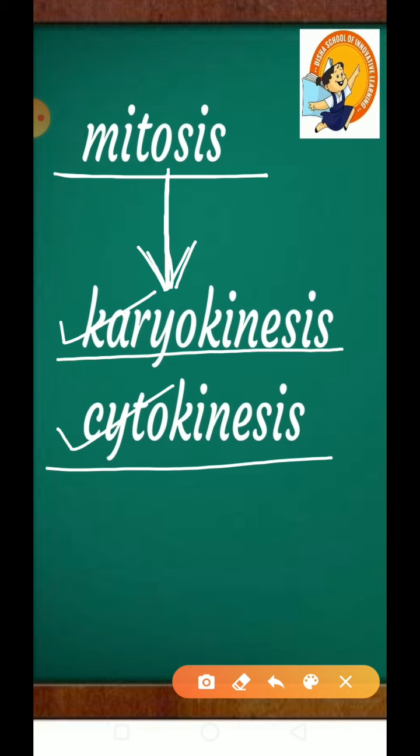Now, karyokinesis क्या होता है और cytokinesis क्या होता है? Karyokinesis means nuclear division, the division of the nucleus, and cytokinesis is the division of the cytoplasm. Easy to remember: karyo means nucleus, and cyto means cytoplasm, so cytokinesis means cytoplasmic division.